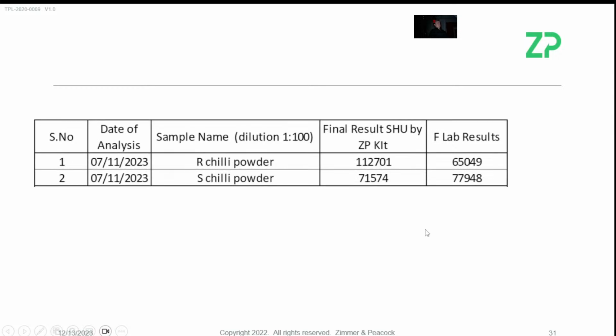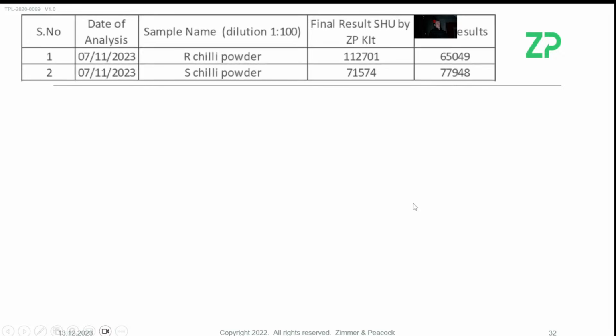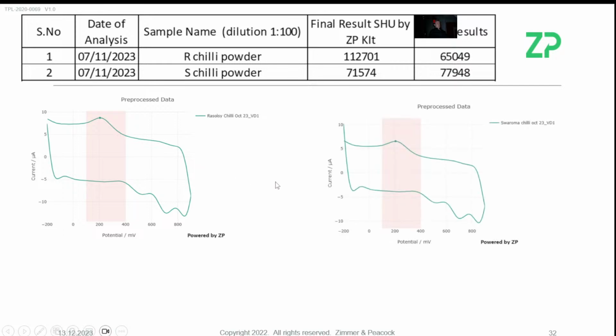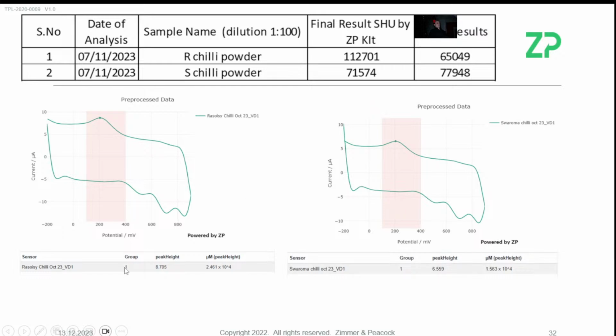The first thing to say is that they have something called R chilli and S chilli. If we look at the results a bit closer, I'm able to look at the HPLC results. Here I can see their R chilli, and here I can see their S chilli. I can also see the peak heights. It's not lost on me that R chilli is, according to the FoodSense, 112,000 Scoville Heat Units.